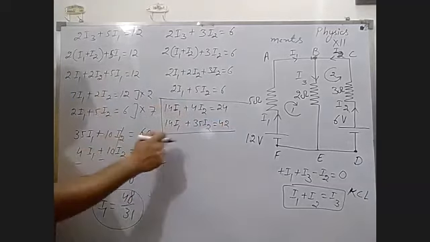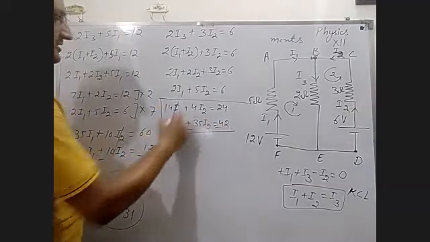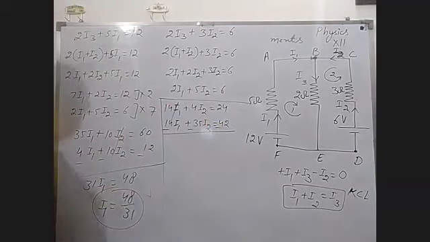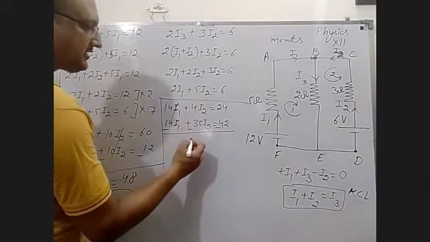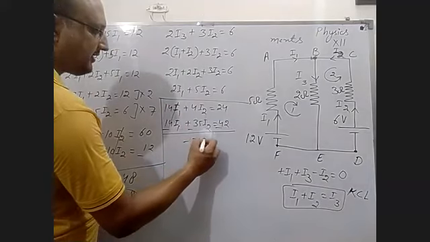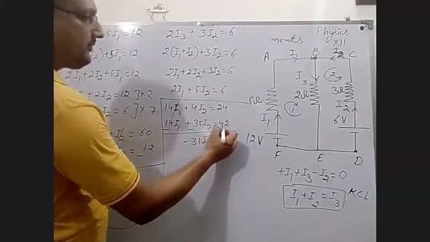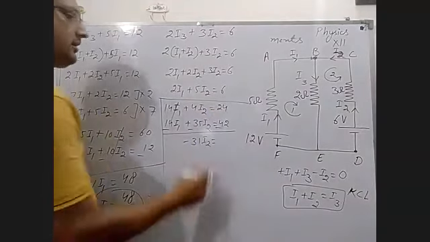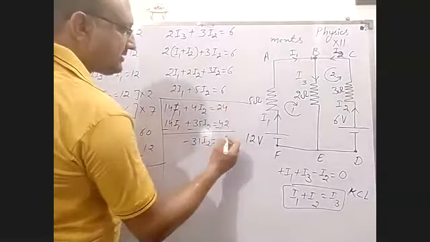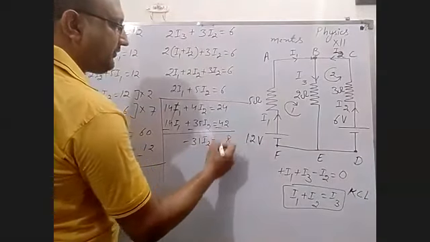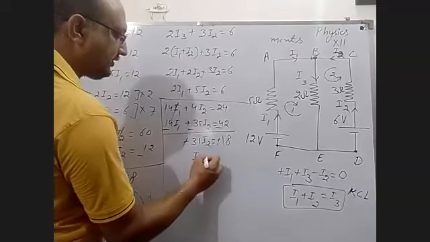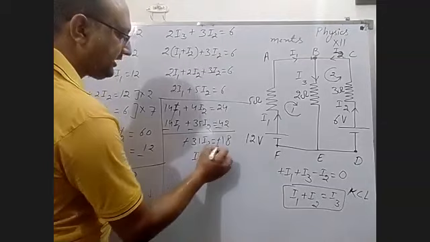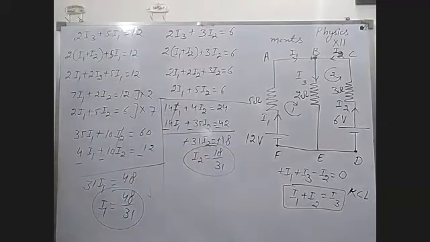Minus, minus, minus, this term cancels. Now this term is minus 31 I2 is equal to 42 minus 24, 18. Minus, minus cancel. I2 is equal to 18 upon 31. This is your another value, 18 upon 31.